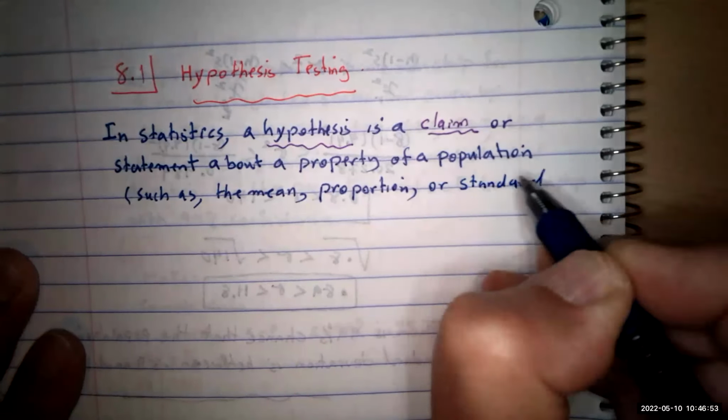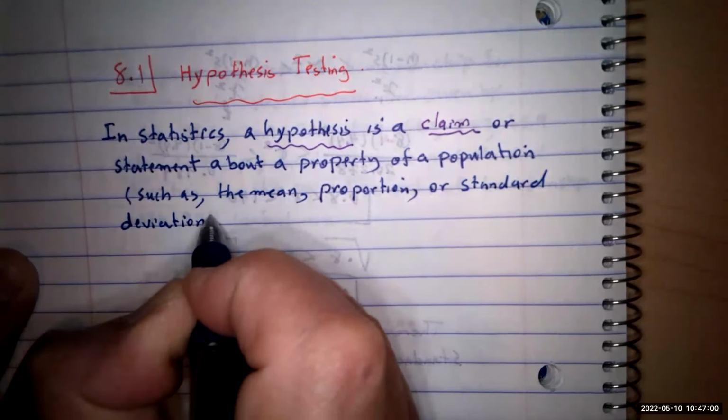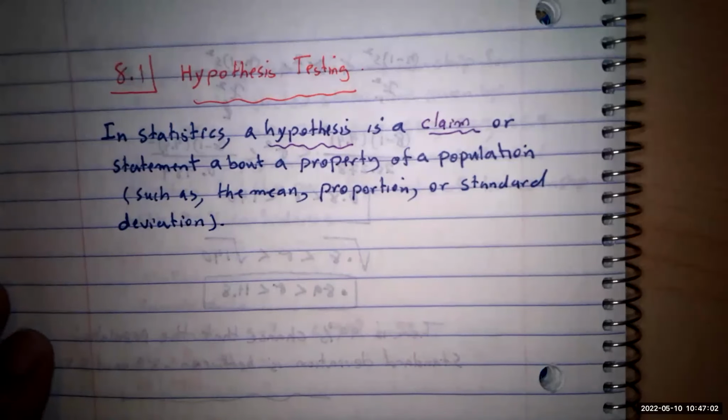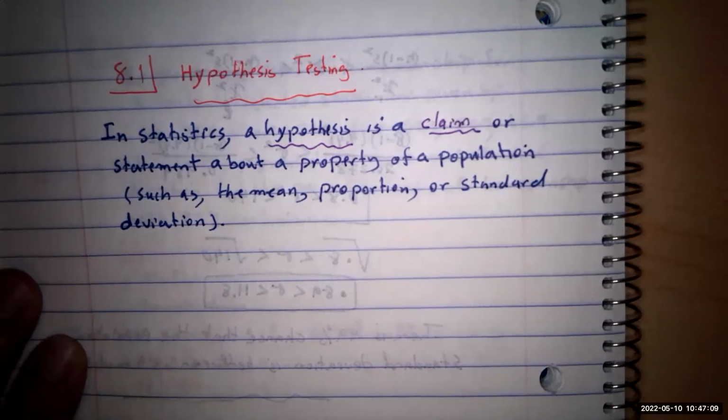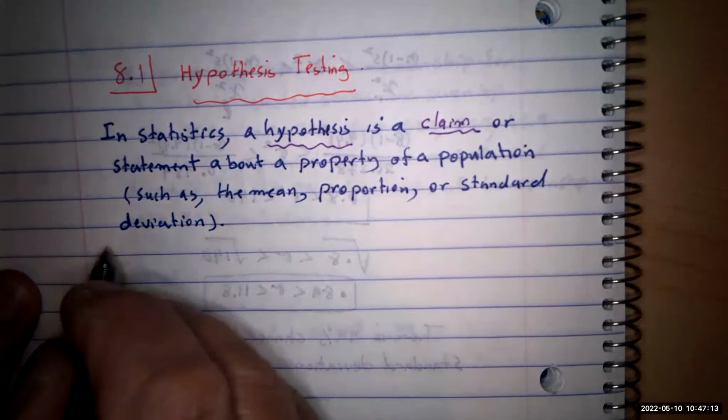So regarding one of them, we want to test one of them. So it's going to be testing hypotheses for the mean, proportion, standard deviation, one by one. Now the expression hypothesis test is the procedure.